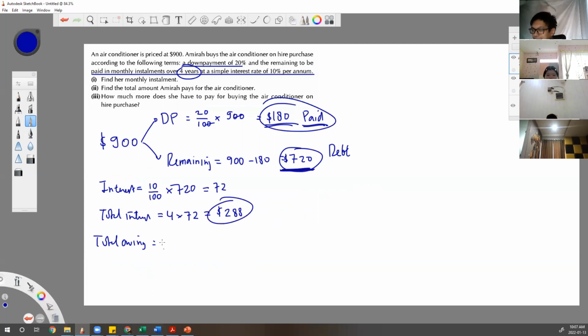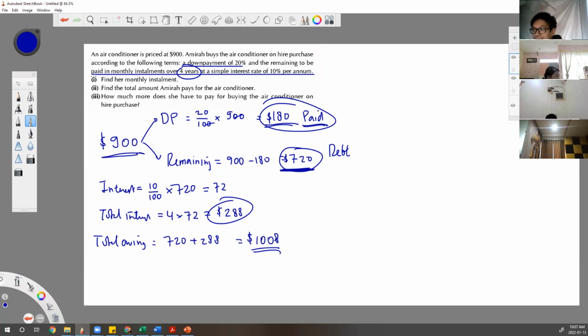Plus 288. Jadi 720 plus 288, right? So the answer will be 1008. Sisanya yang harus dibayar malah lebih gede daripada value-nya ya. And it's not a big deal. Ya pasti begitu.